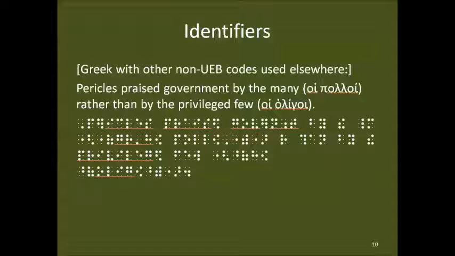So we use the non-UEB word indicator for the first Greek word, and then again for the second Greek word, and then we terminate it after that second word, because we're done now with Greek.